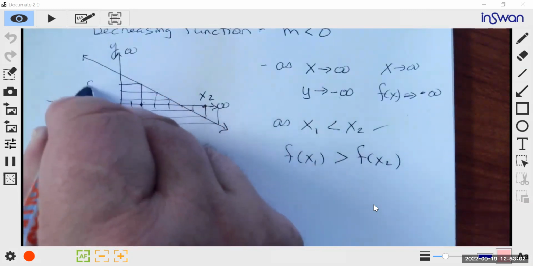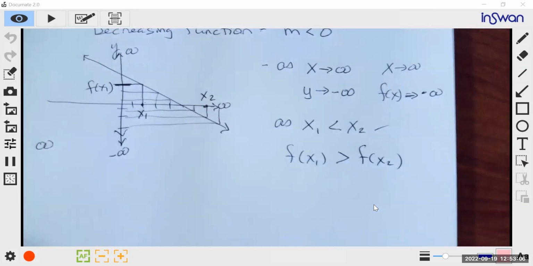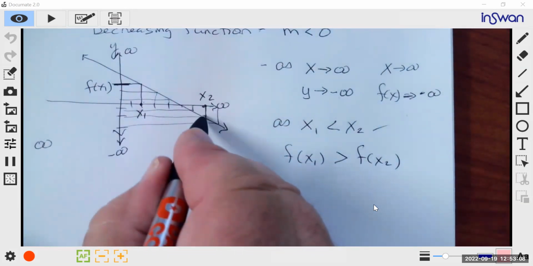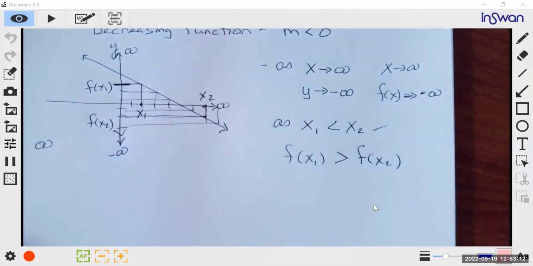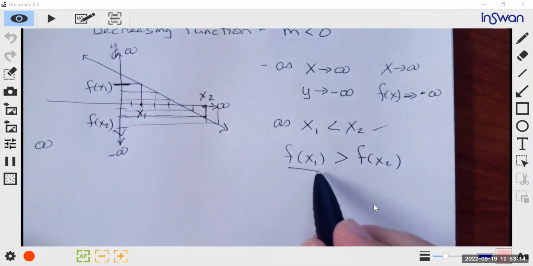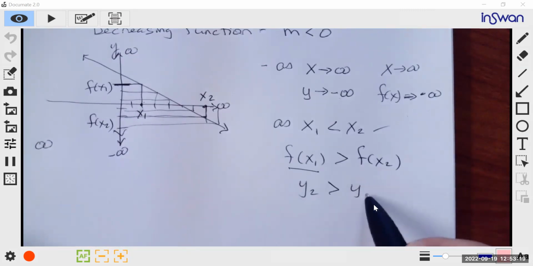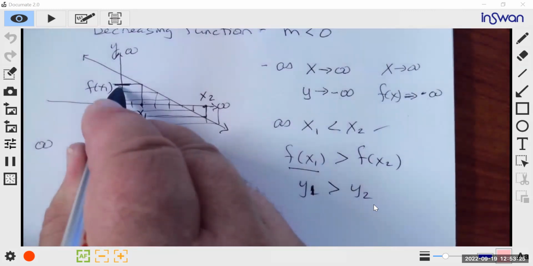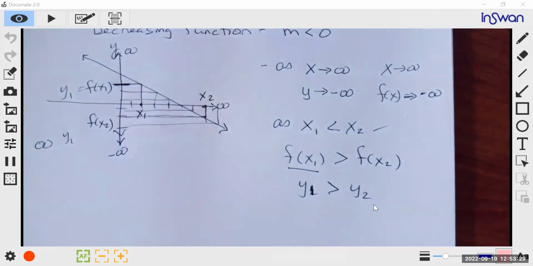There's f of x1. It's over here. f of x2 is here. Is the y1 higher than y2? Yeah, here's y1 and here's y2. So if that happens, then we know we have a decreasing function.